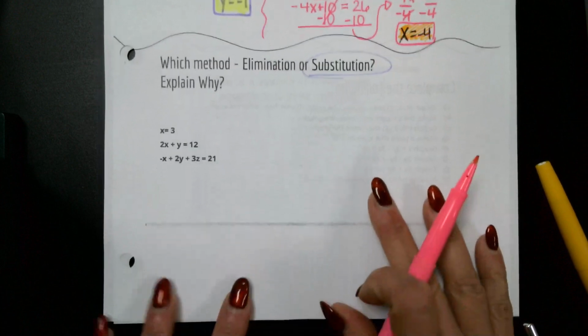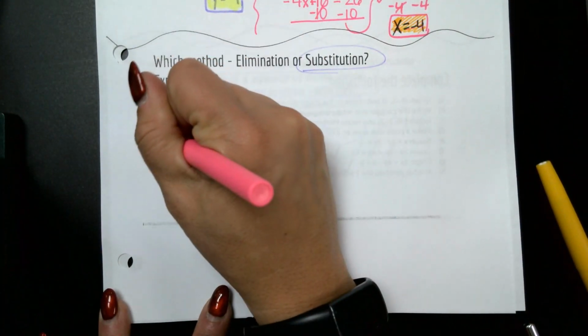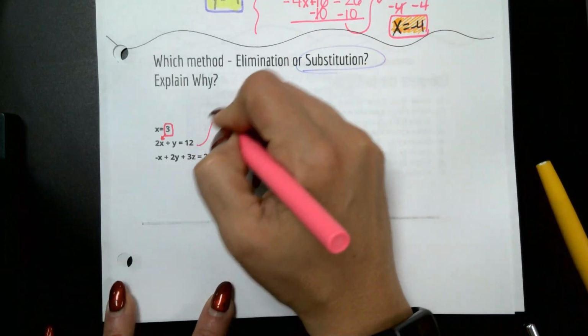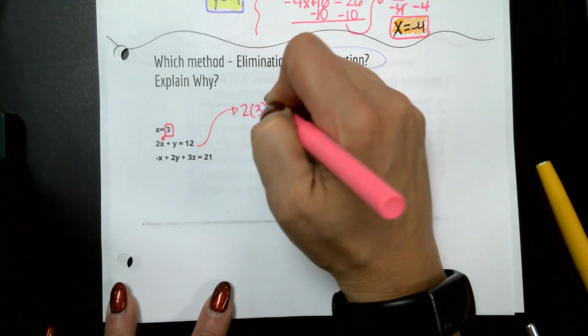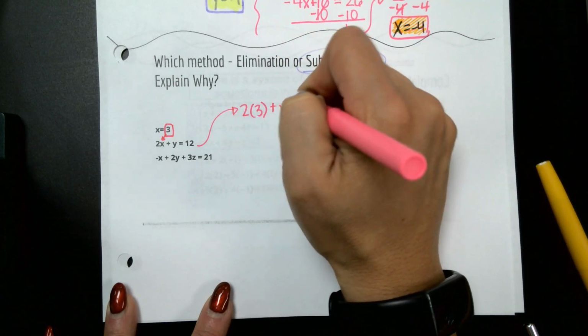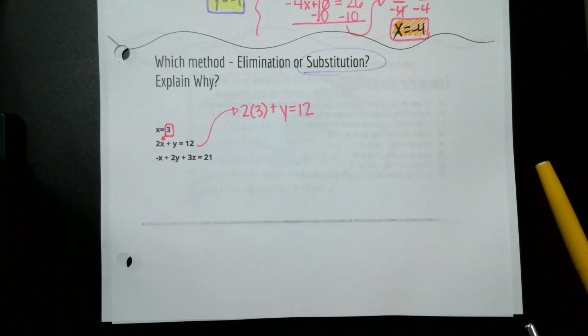All right, so down here at the bottom, I'm going to take 3, and I'm going to plug it into that second equation where the x is. So I'd have 2 times 3 plus y equals 12. What's 2 plus 3? Did I just say 2 plus 3?